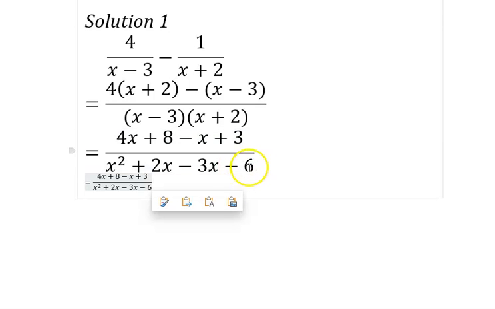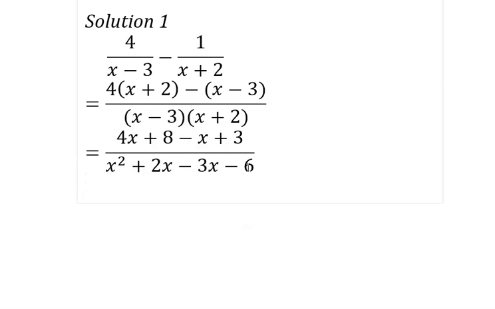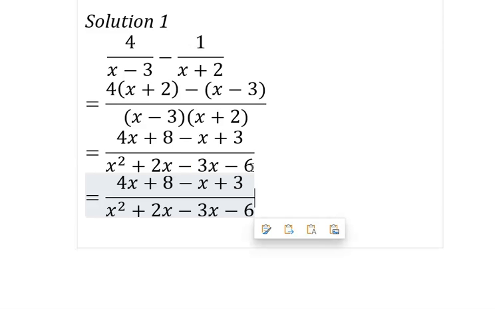Beautiful. So now let's see what we can do. Should we rearrange? Okay, let's quickly rearrange. We have 4x here, we have minus x here.